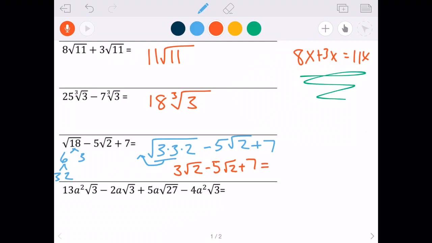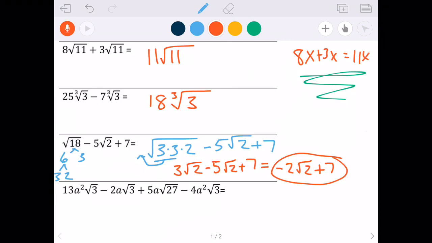So basically, you're looking for numbers that aren't prime underneath the square root or the cubed root. So 18, we broke that down, and then we're left with 3 square root 2 minus 5 square root 2 plus 7. We can combine the square root 2, so we're going to get negative 2 square root 2, and then we can't combine plus 7 with those, so we're just going to leave it on the side.